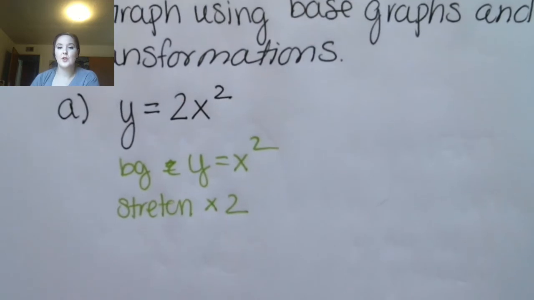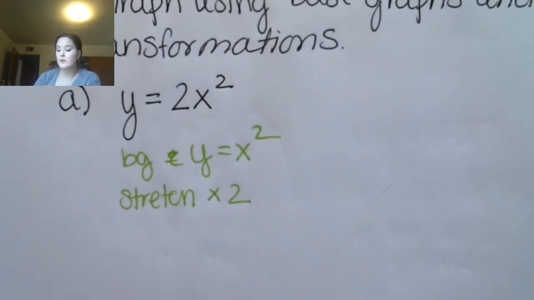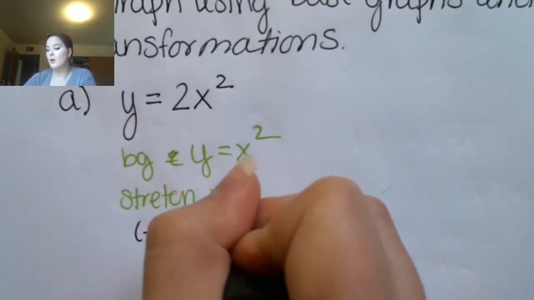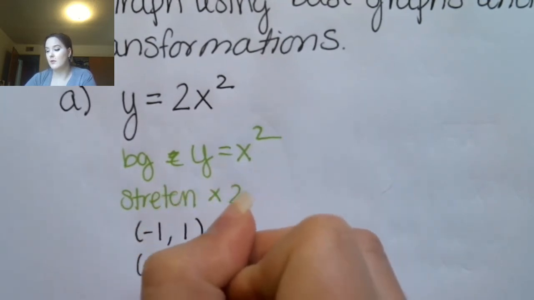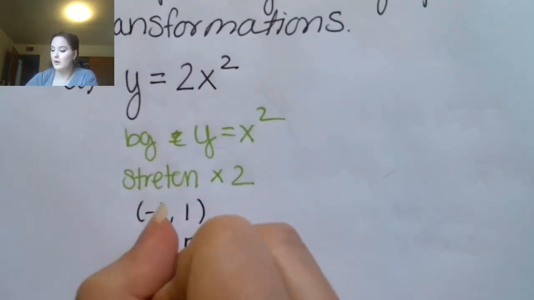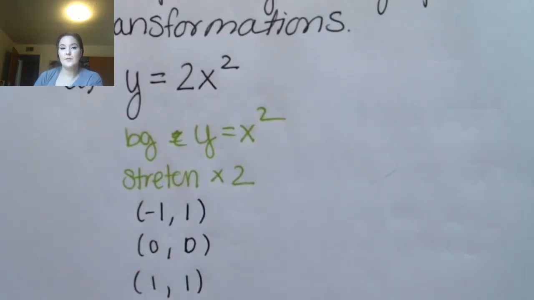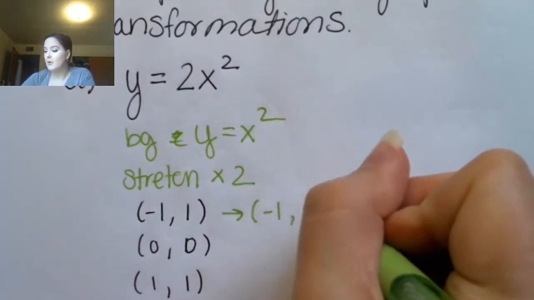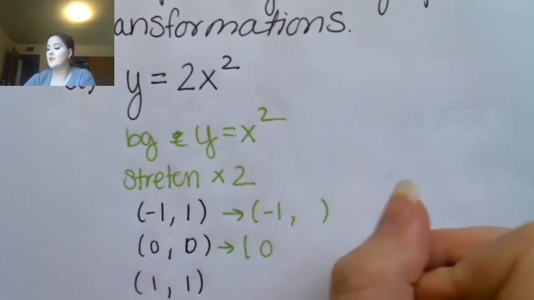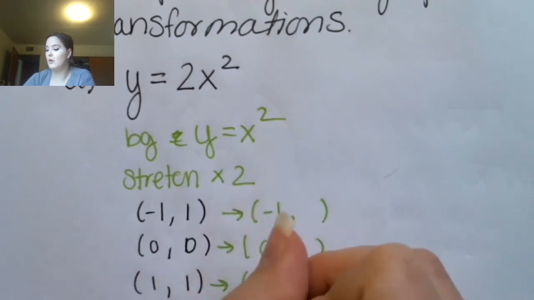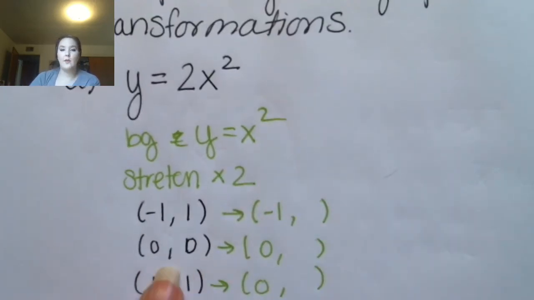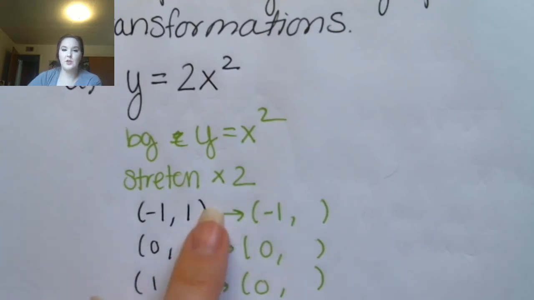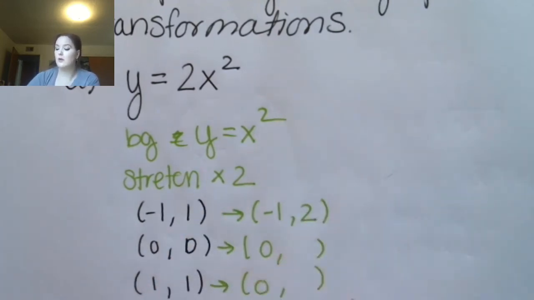My old key points were (-1, 1), (0, 0), and (1, 1). When I stretch it, my x coordinates are all going to be the same. It doesn't affect the x coordinates at all. The y coordinates are going to be multiplied by 2. So 1 times 2 is 2, 0 times 2 is 0, 1 times 2 is 2.